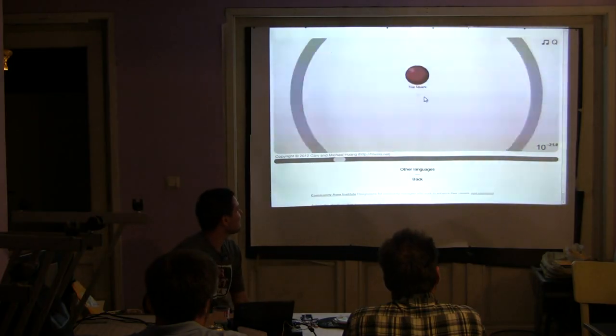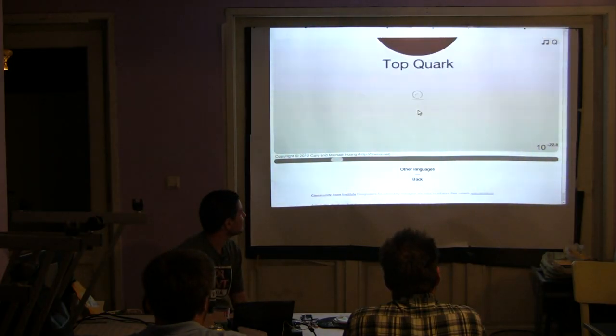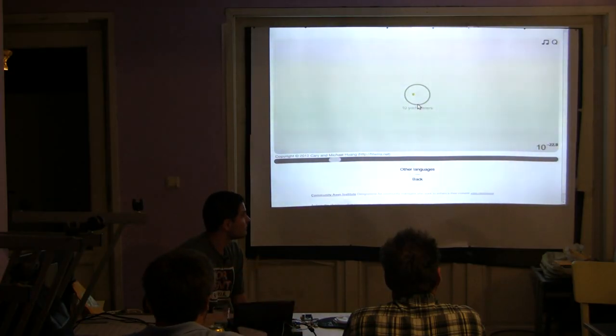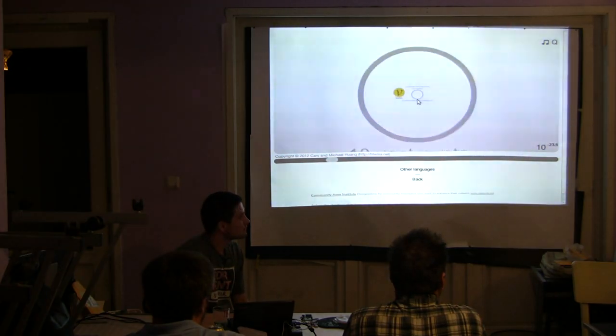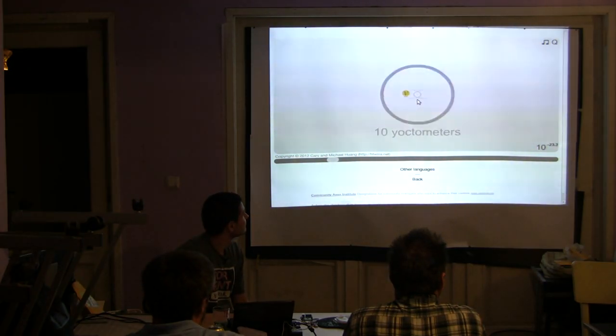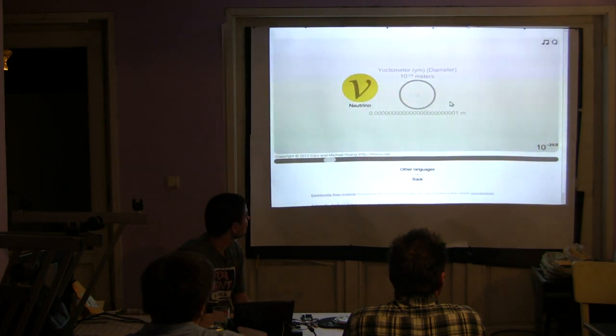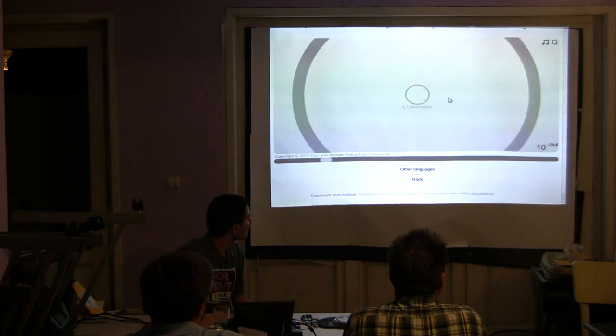It's probably somewhere here. No. Much smaller. Much bigger. It's the biggest one, but it lives very shortly. That's why they can catch it. Okay, here's the neutrino.